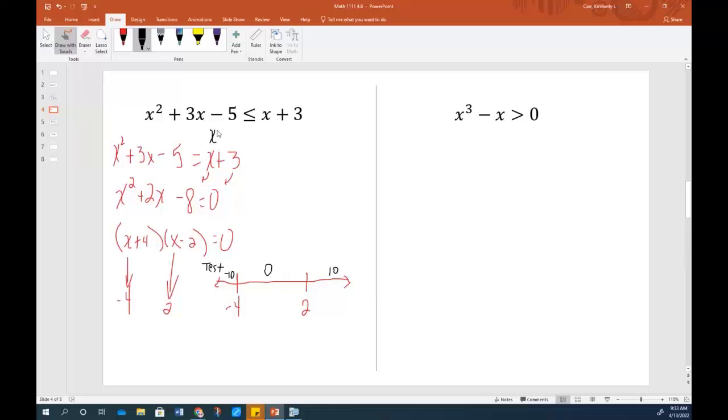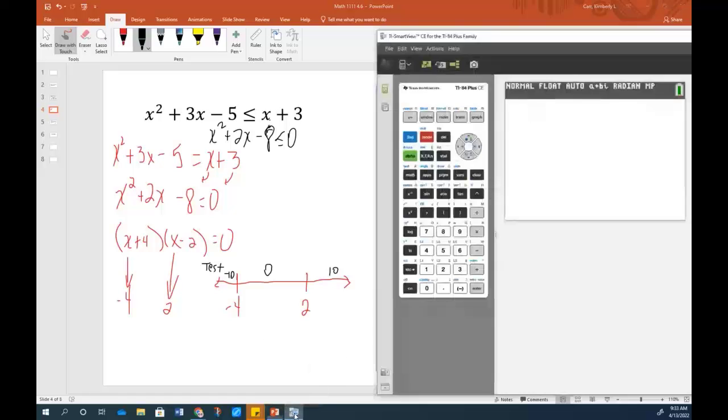Our inequality would have been x squared plus 2x minus 8, oh, that certainly didn't look like an 8, is less than or equal to 0. So I'm going to use this one to plug those numbers into, and this time I'm just going to use my calculator so you can see me use that table of values.